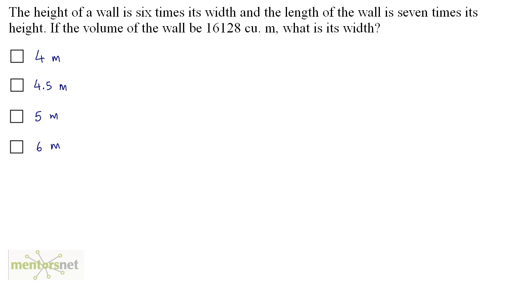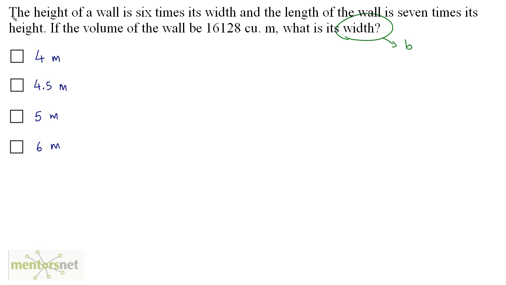The height of a wall is 6 times its width, and the length of the wall is 7 times its height. If the volume of the wall is 16,128 cubic meters, what is its width? So the width of anything is basically the breadth. So let this width be B, right?